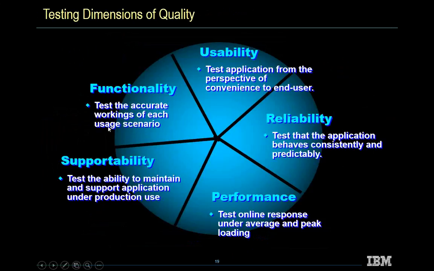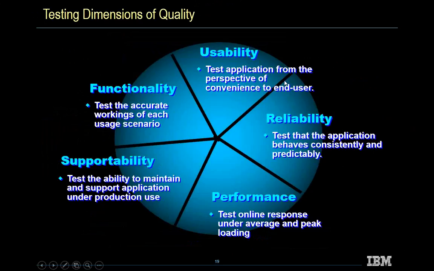Now, we talked briefly about what we test. First and foremost, we look from the functionality perspective, which means all of these various business requirements you expect the system to do, whether the system is capable of doing them or not, or whether there is an issue with that. Usability basically means ease of use, convenience.